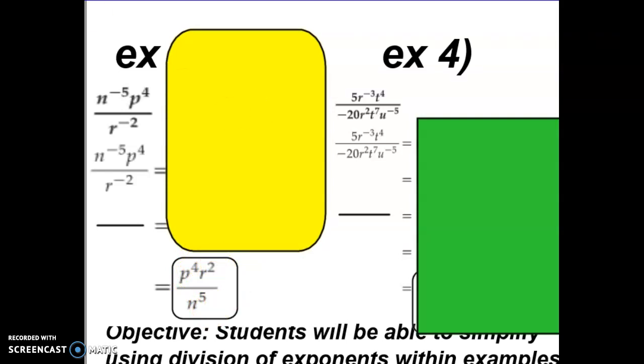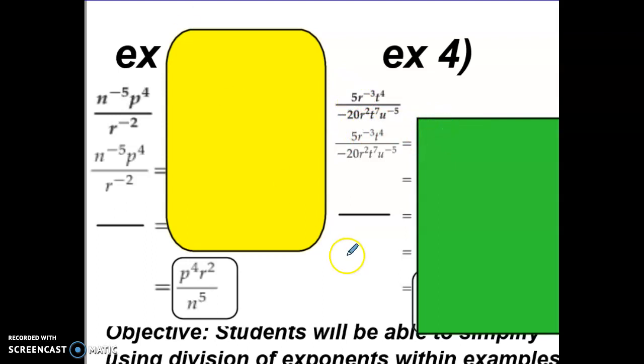So let's go back to the second example we have here. The second example is 5r to the negative 3, t to the 4th, over negative 20 r to the 2nd, t to the 7th, times u to the negative 5. So let's go one term at a time. 5 over negative 20.